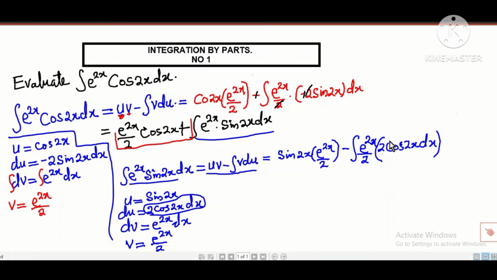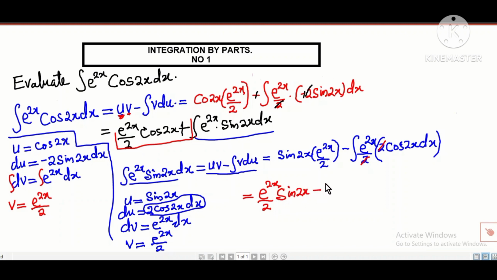If you look at this, you see that 2 is here and 2 is here, so they cancel. So everything is going to be equal to e to the power 2x divided by 2 first, then sine 2x.